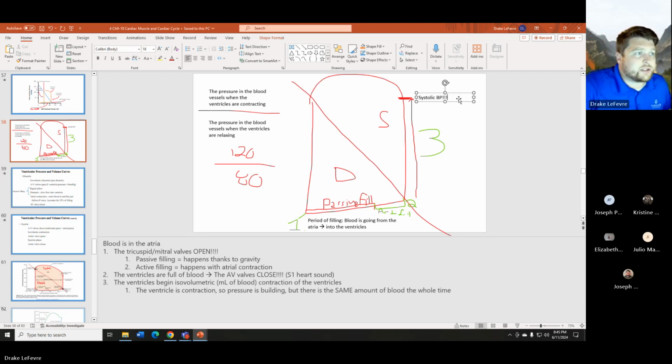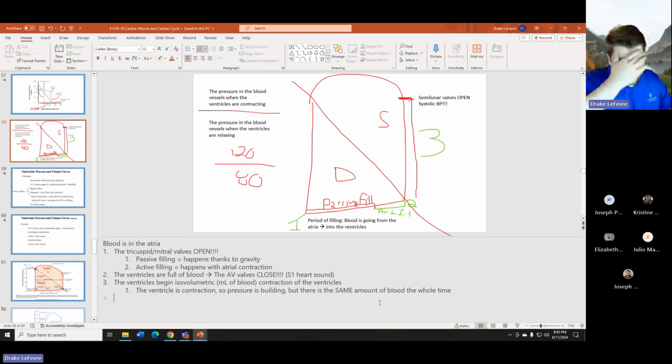As soon as we hit that systolic blood pressure level, a valve is going to snap open. The semilunar valves open right there. What are our two semilunar valves? What are those called? Aortic semilunar valve and the pulmonary semilunar valve.